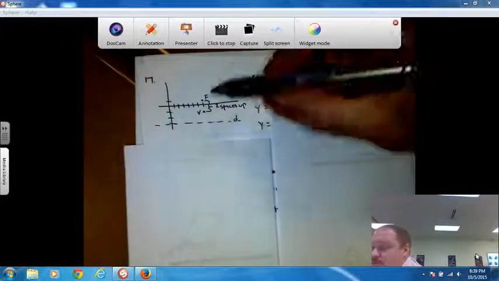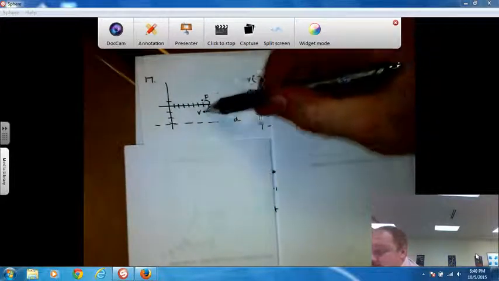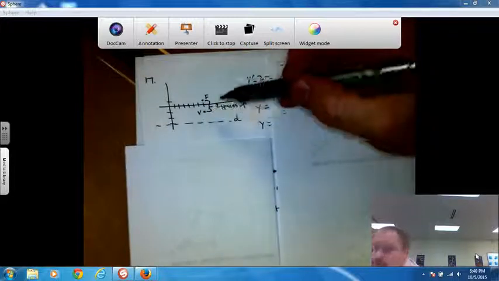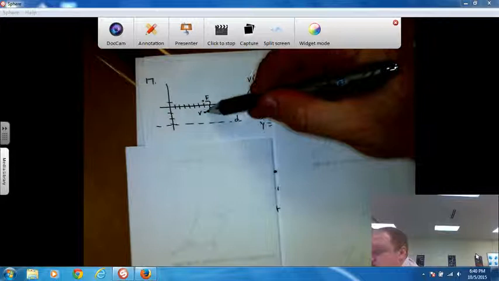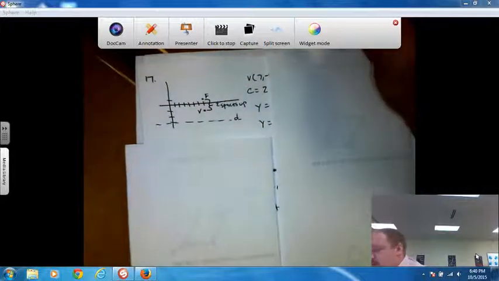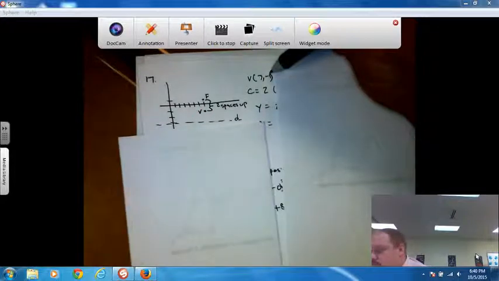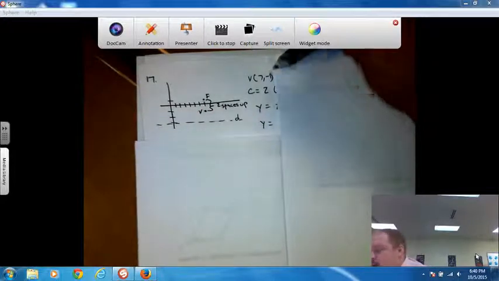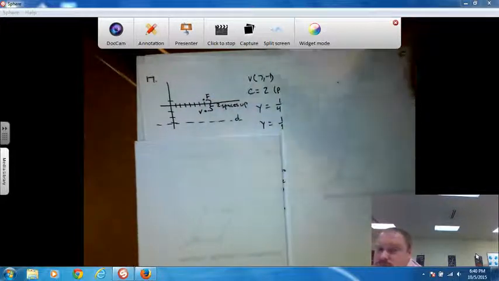So I know the vertex is halfway in the middle. So I could count from here to here. That's 4 spaces. Half of 4 is 2. So start at the focus and go down 2. 1, 2. That tells me that my vertex is at 7, negative 1. My C value is positive 2 because I have to go up 2 spaces from the vertex to the focus.